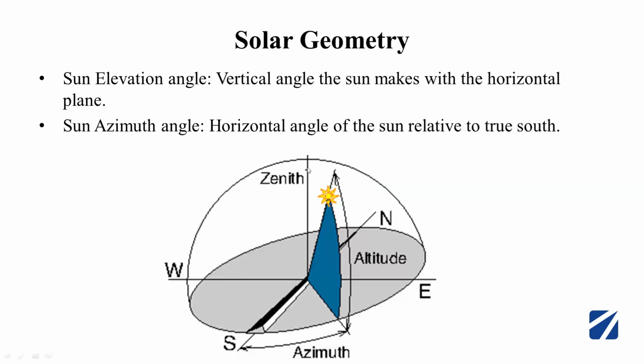Again, it will increase to a maximum at noon, and then again it will decrease and it will be 0 during sunset time. Throughout the year it will definitely vary, but just by understanding the definitions, we can say this about elevation and azimuth angles.